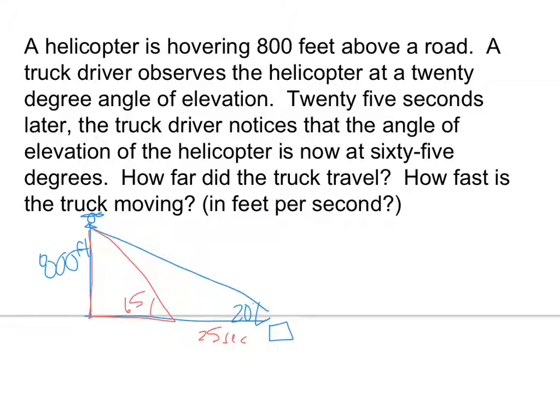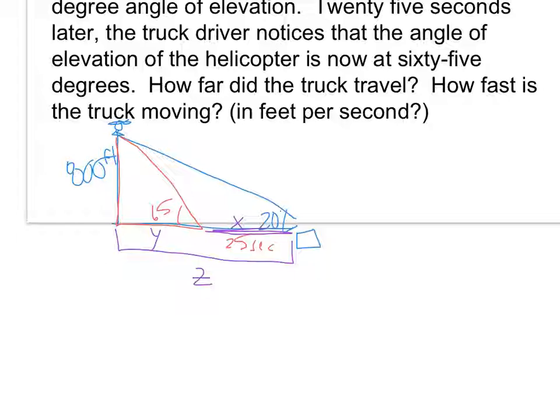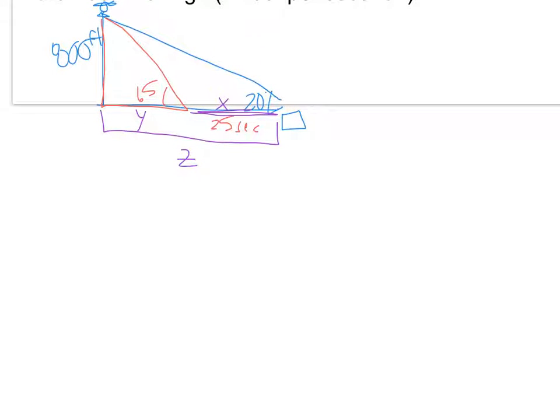It's asking how far the truck drove, so this distance right here, this purple distance, and it's asking how fast it moved. So if I say this is x, let's say this is y, and let's say this is z. Now I can still solve this with SOHCAHTOA. I'm going to solve for z first.